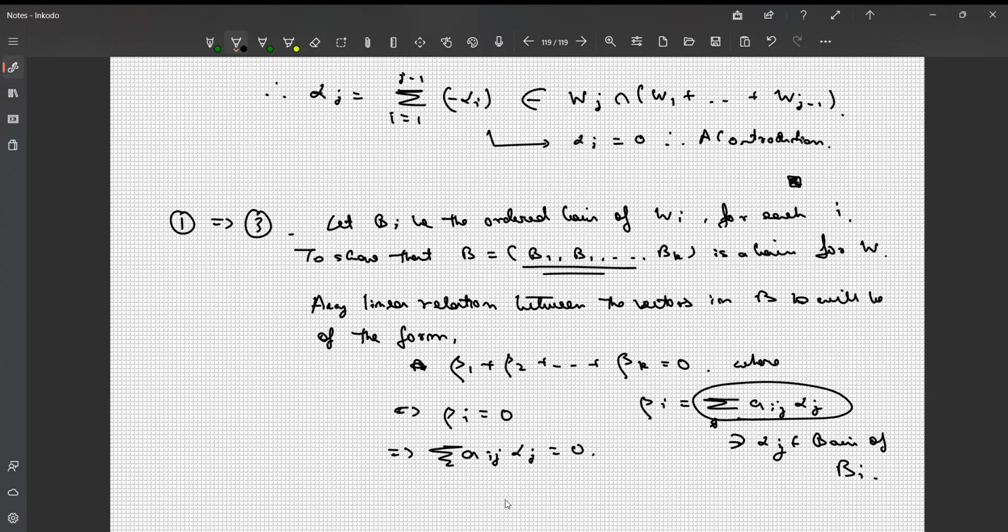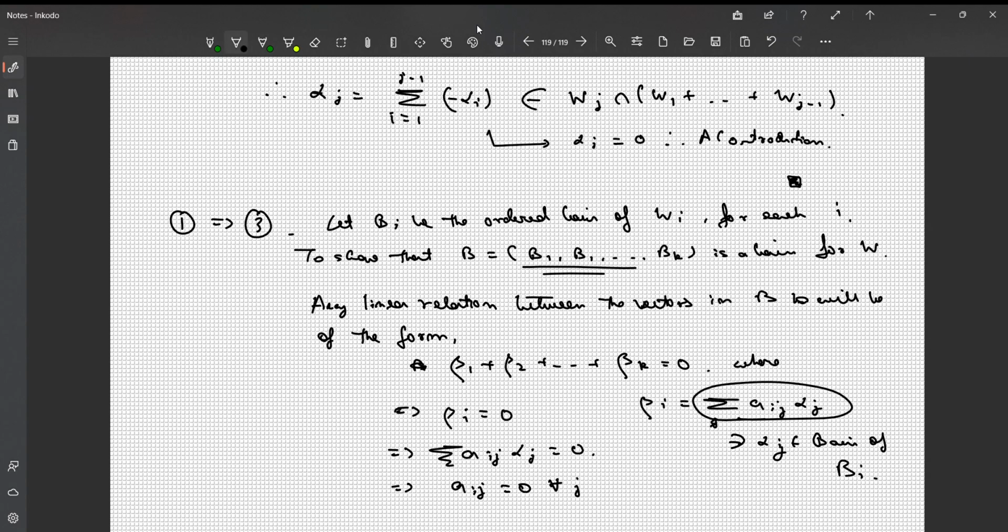Now the alpha j's are elements from a basis, so they are linearly independent. So the scalars must be equal to 0. So that implies that a_ij must be equal to 0 for all i, for all j. So if you consider the summation of the Bi's, you can think of it in this way.